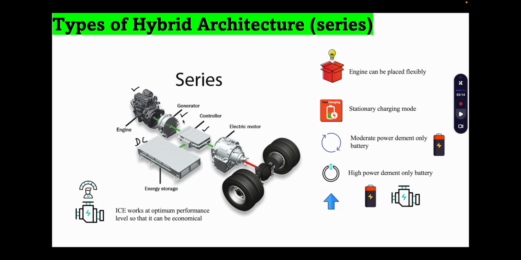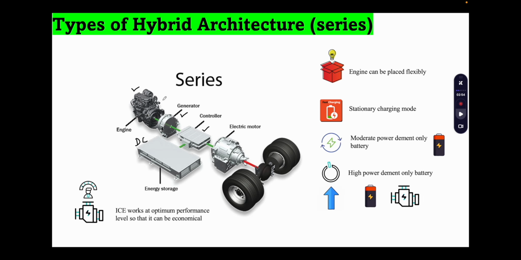Along with that, the generated power that you are getting cannot be provided directly to the motor. Maybe the power level that the generator produces will be a little low, because as you know, the size of the generator is small. Also, it will be producing based on the engine RPM. So the voltage and the frequency at which it produces the output depend on the engine.